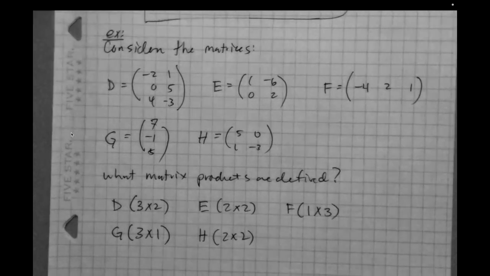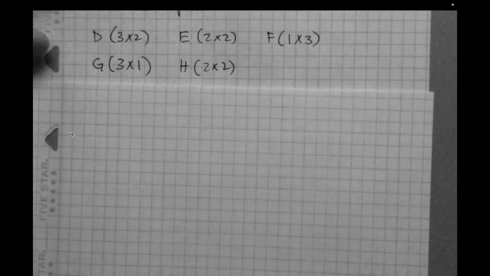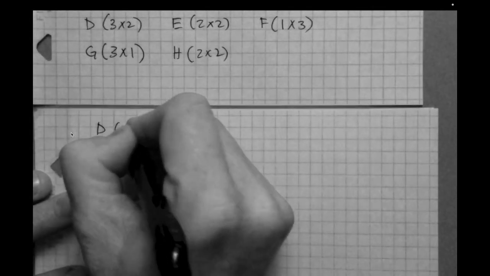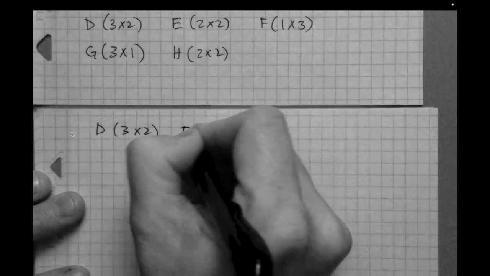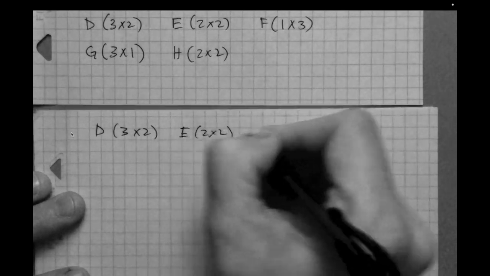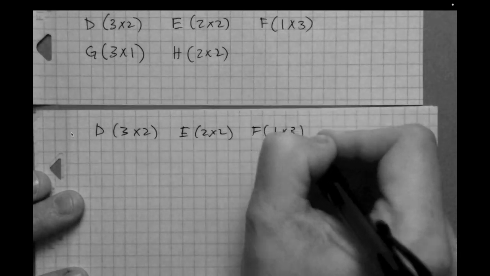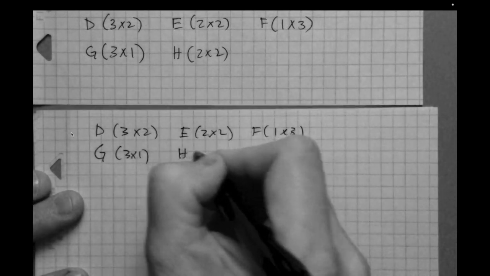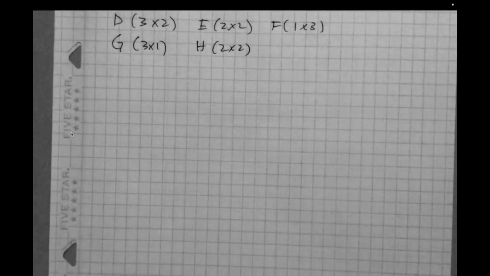Keeping those numbers in mind, which of these can we multiply together? Let me just rewrite them on this page here. D is 3 by 2. E is 2 by 2. F is 1 by 3. G is 3 by 1. And H is 2 by 2.